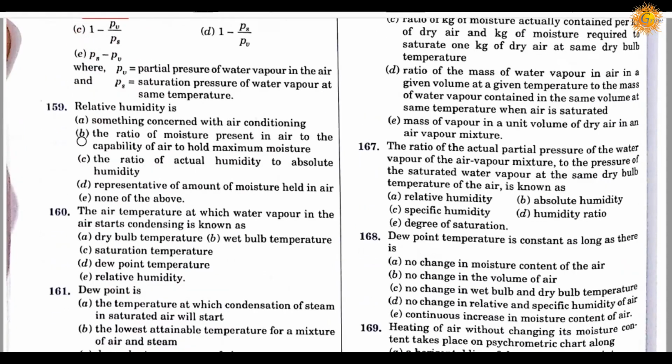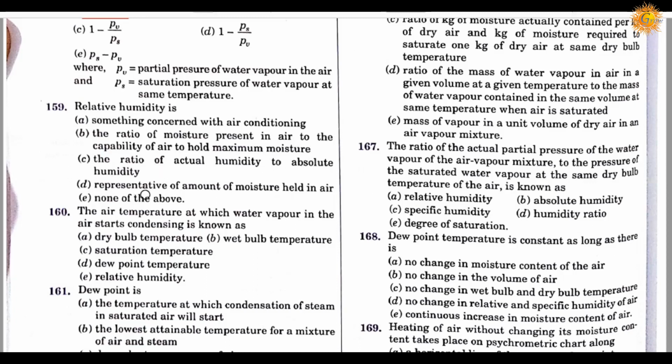Question number 159. Relative humidity is option A, something concerned with air conditioning. Option B, the ratio of moisture present in the air to the capacity of air to hold maximum moisture. Option C, the ratio of actual humidity to absolute humidity.